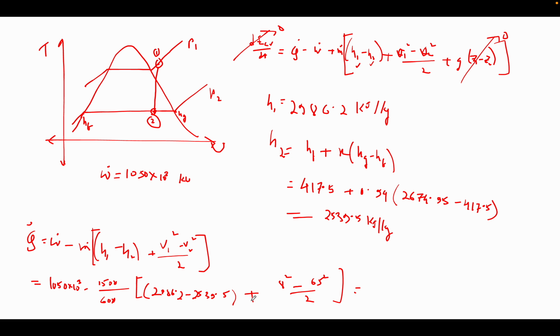This will be almost equal to minus 61.59 kilowatt. Now negative stands for the heat being lost from the system to the surroundings, and my system here is my turbine.